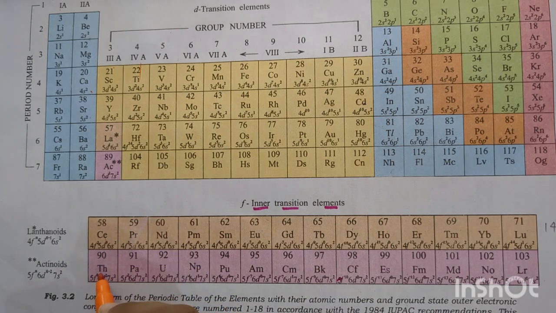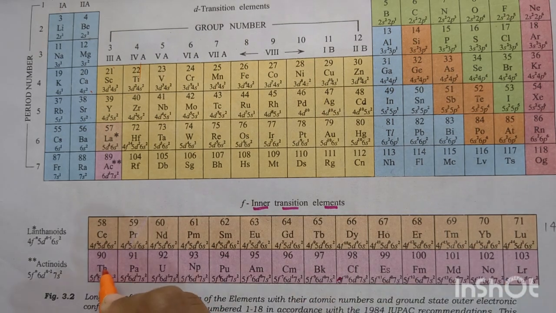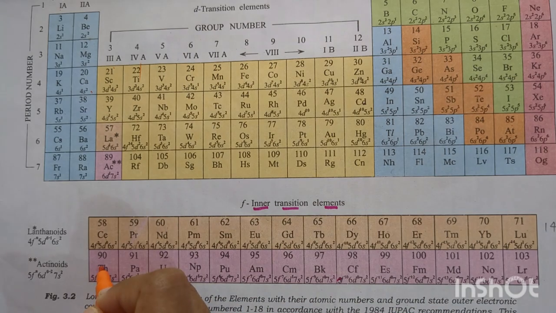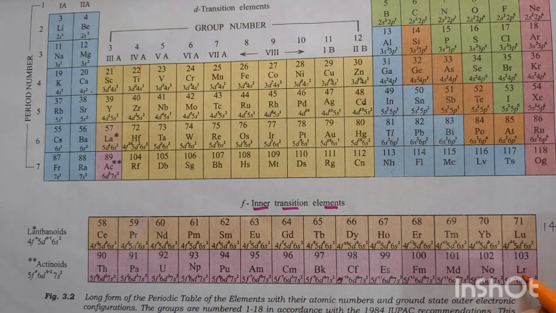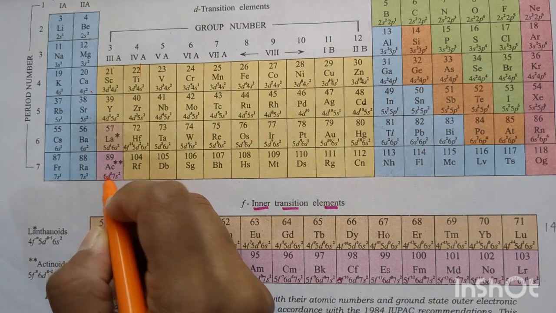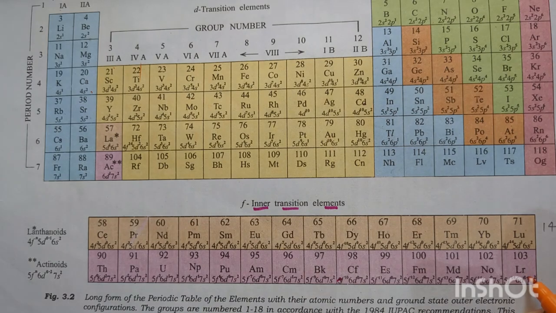The 5f inner transition series refers to the series of elements in which the 5f orbitals are being filled. It starts from here, and when it reaches lawrencium you see 5f14, so the 5f orbital is completely filled. This series includes actinium, with 5f0, then thorium, up to nobelium and lawrencium.